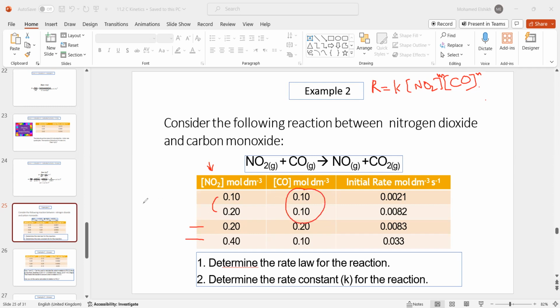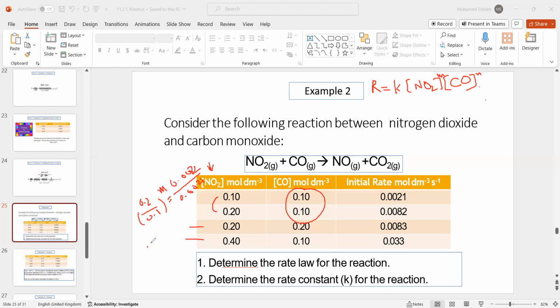So if we say 0.2 divided by 0.1, to the power of m, equals 0.0082 divided by 0.0021.